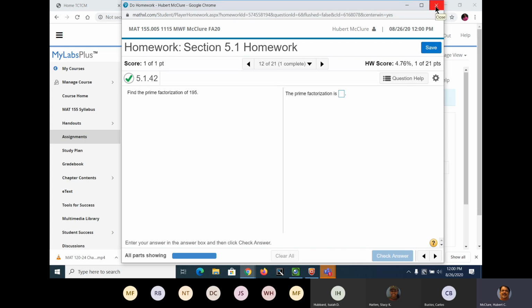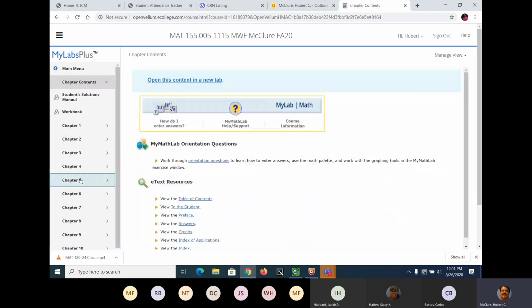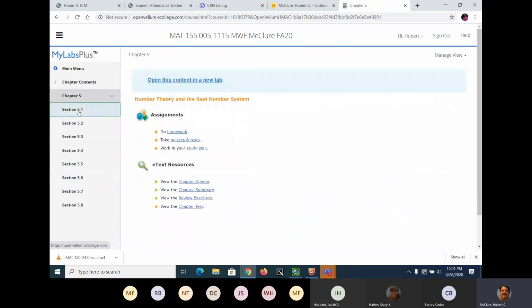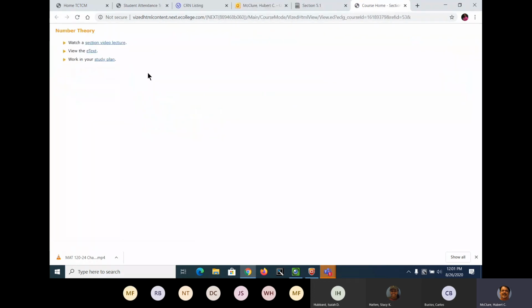The second way to do it is to go to chapter contents, and I want to go to chapter 5, because that's 5.1 homework. And then go to study plan. That will give you extra problems with no penalty. I don't know why it makes you hit all this stuff again.